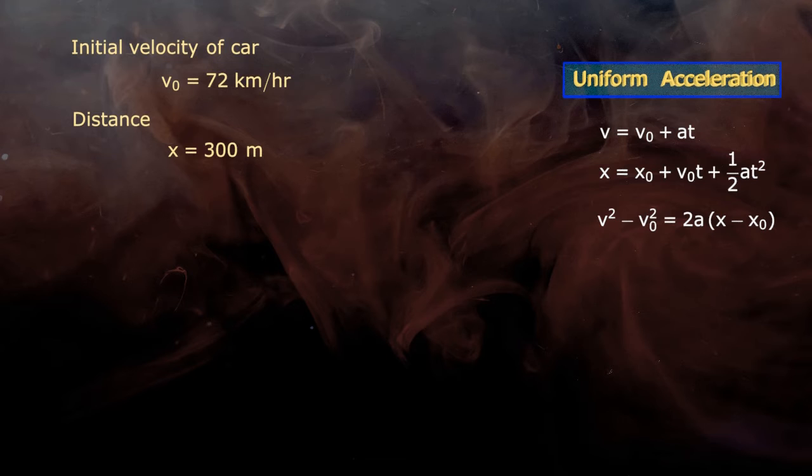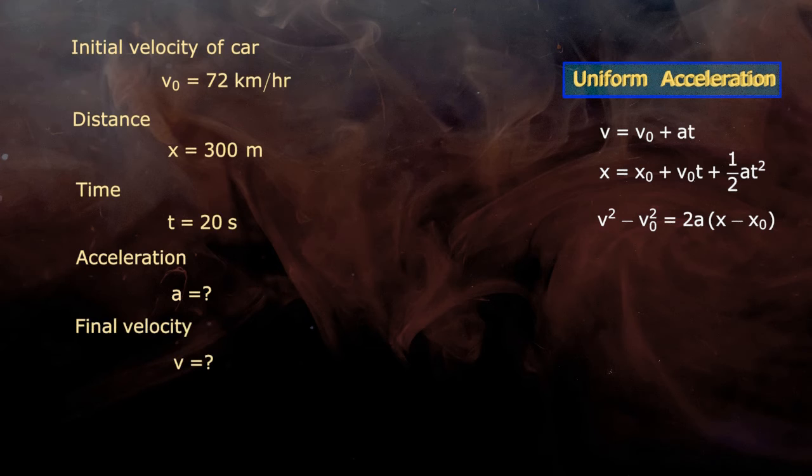There is no need to stop at the crossing, and as soon as the signal turns green, he or she can cross the intersection. So time t is equal to 20 seconds. What we need to find out is the uniform acceleration a and the speed with which the car crosses the intersection, that is the final velocity v.